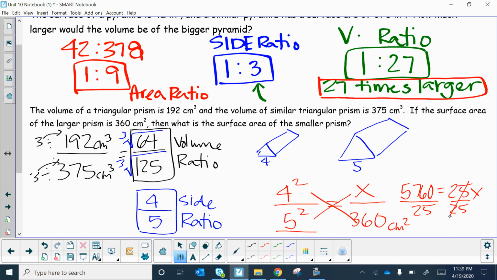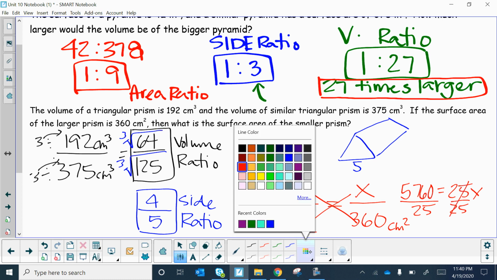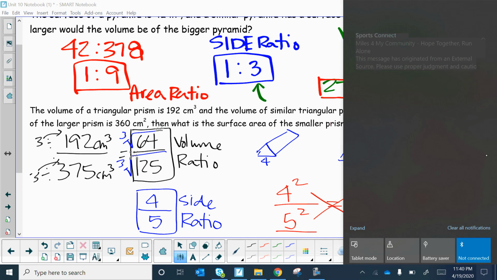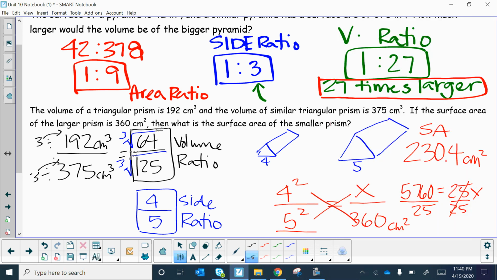So 5,760 divided by 25 is 230.4. And so that is the surface area of the smaller prism. So we want to write centimeters squared. So here's my answer right here.